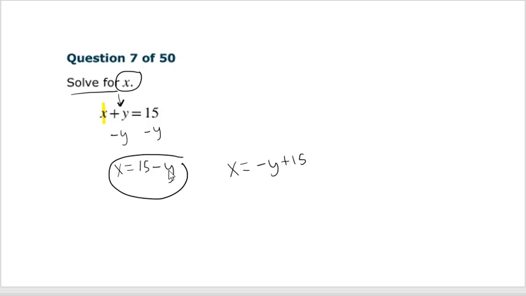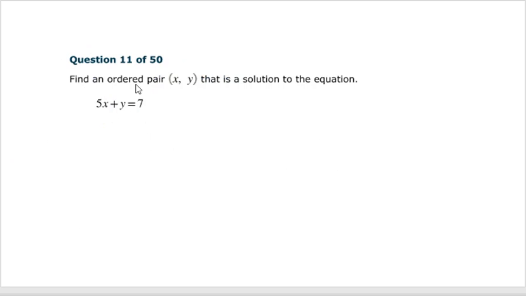Remember, if there's a subtraction sign in front of a term, that means that that term is negative. Okay, so the coefficient of this y is really -1. So that is an example of your question number 7. I know my numbers and variables are not exactly the same, but you should see something similar for your question 7.